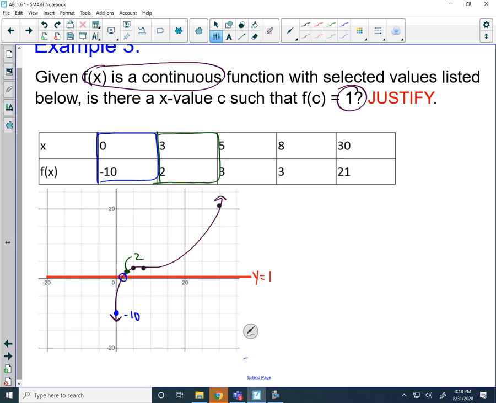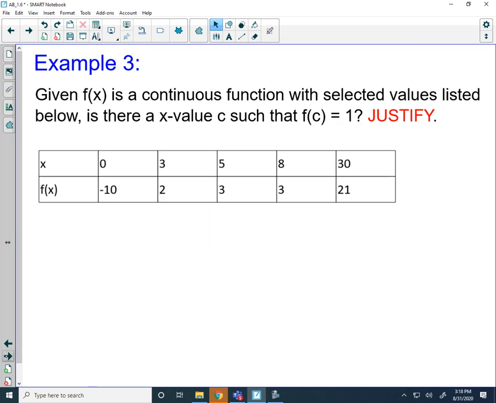Okay, without graphing it though, can we just look at this table and see, as we scan the y values in the table, +1 is between -10 and +2. So somewhere between x equals 0 and x equals 3, we would get a y value of 1 back. Now, can I figure out what x value would give me a y value of 1? No, because I don't have an equation.